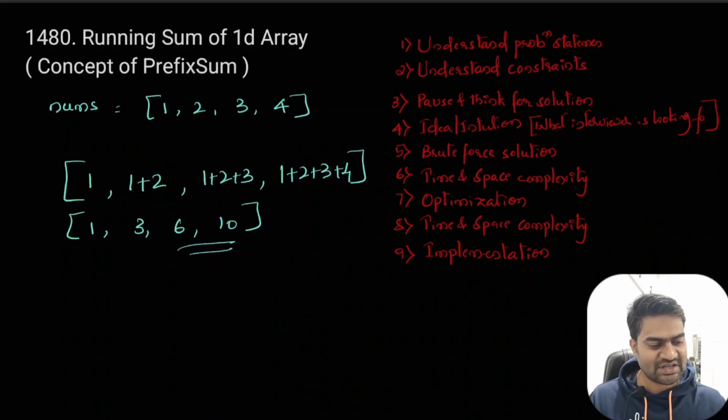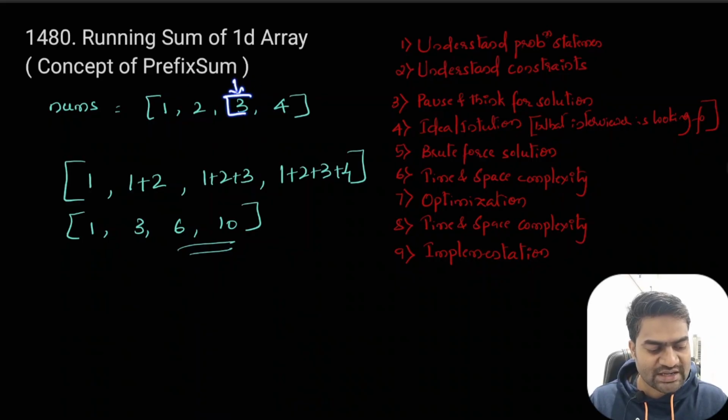It is pretty much straightforward, right? At this particular index, since it is the first number, there is nothing before it, so we will only consider this number. But if we want the running sum at this particular index, we will have to consider all the numbers before it. Then for the third number, again all the numbers before it. So how do we do it normally? I will put a pointer somewhere.